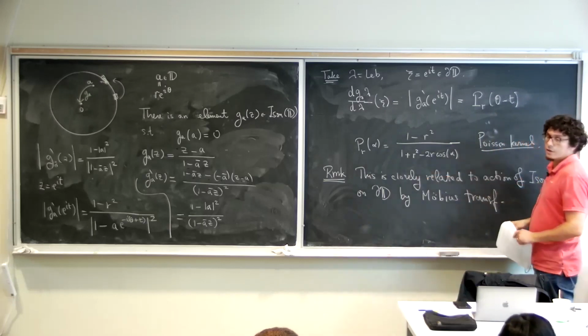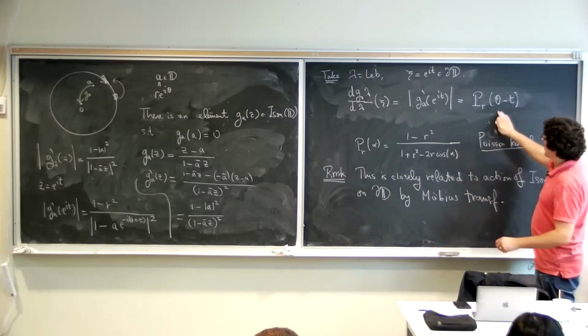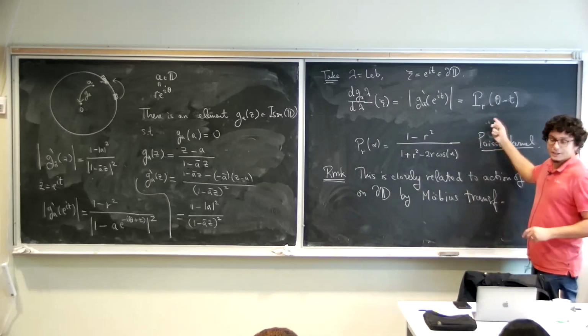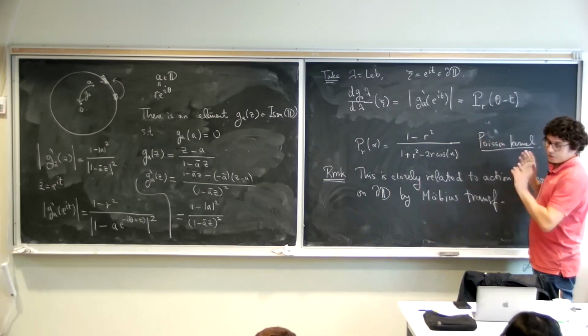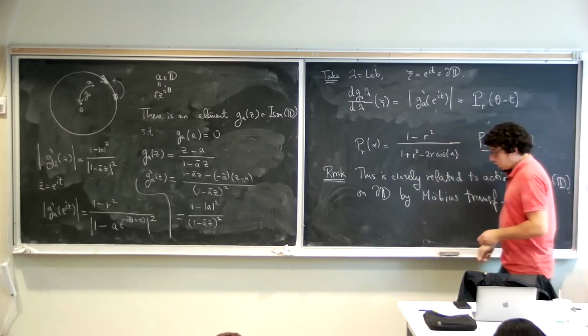So you see that this Poisson kernel, which seems very exotic, in fact has a very natural interpretation in terms of the action of this group on the boundary.